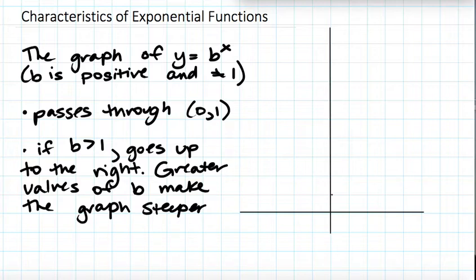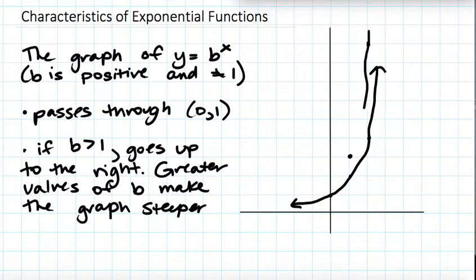So if I do some quick sketches here, if this is the graph of 2 to the x that we already saw, and then the graph of 3 to the x, if you did this for the checkpoint, you might have noticed it's a little bit steeper than the graph of 2 to the x. And if I used a number bigger than 3, then the graph would be even steeper still. So bigger values of b make the graph more steep.